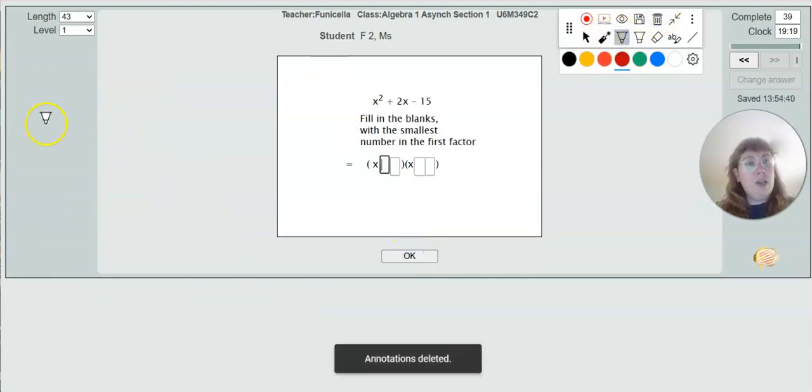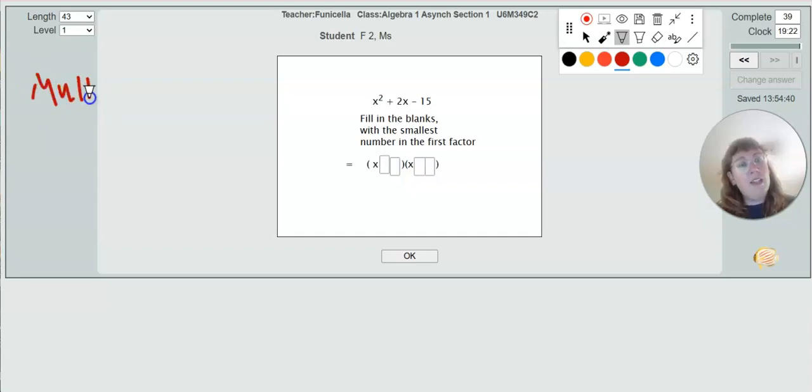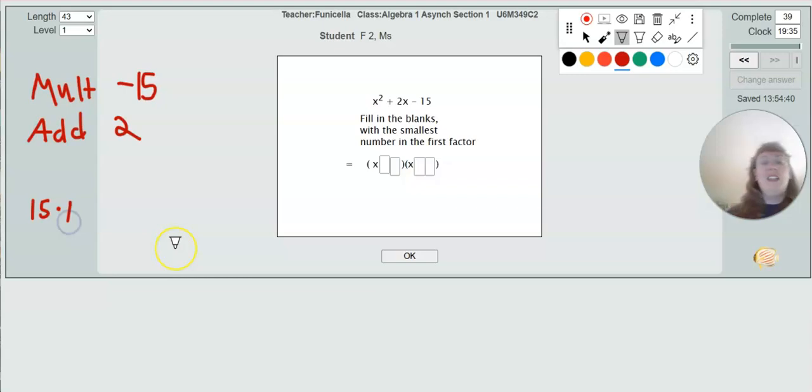So this is looking for two numbers that multiply to -15 and add to 2. So one of the numbers is going to have to be negative. 15 times 1, that has a difference of 14 or 16, so that's going to be too big. We're not going to want to use that factor pair. We do have 5 times 3 to get us 15, and that 5 and 3 has a difference of 2, so that could work out well for us.